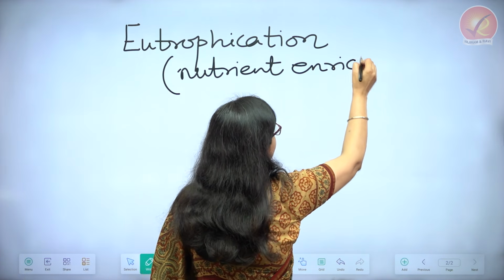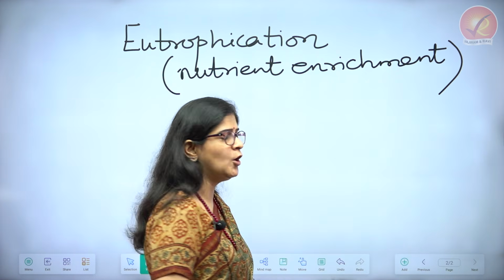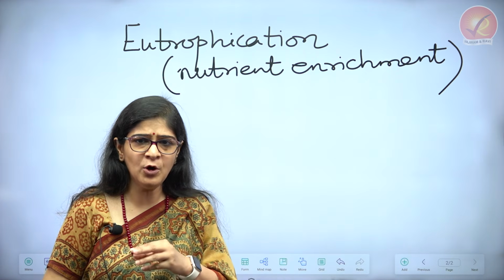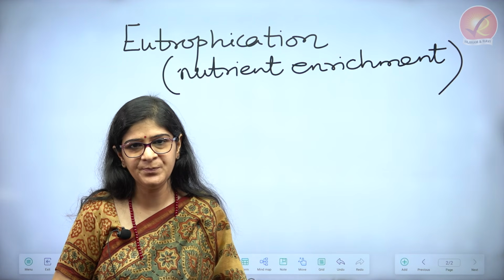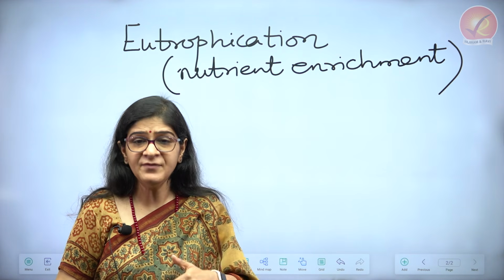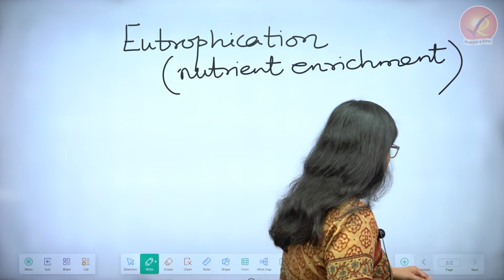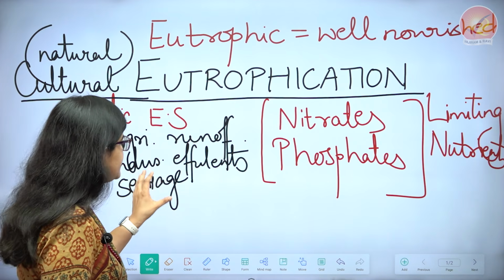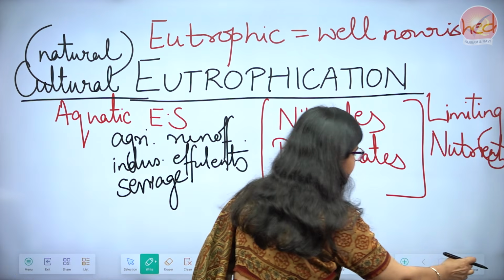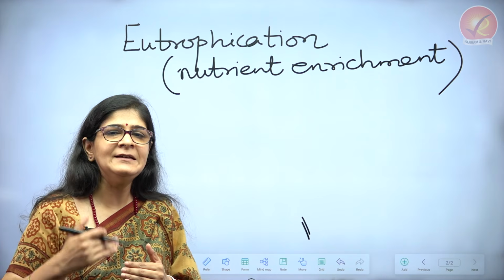The primary productivity, I told you earlier, was getting limited because of the scarcity of nitrates and phosphates. And once we have a sufficient amount, rather quite a high amount, of nitrates and phosphates made available through all these sources, the primary productivity shoots up. The primary productivity suddenly increases.